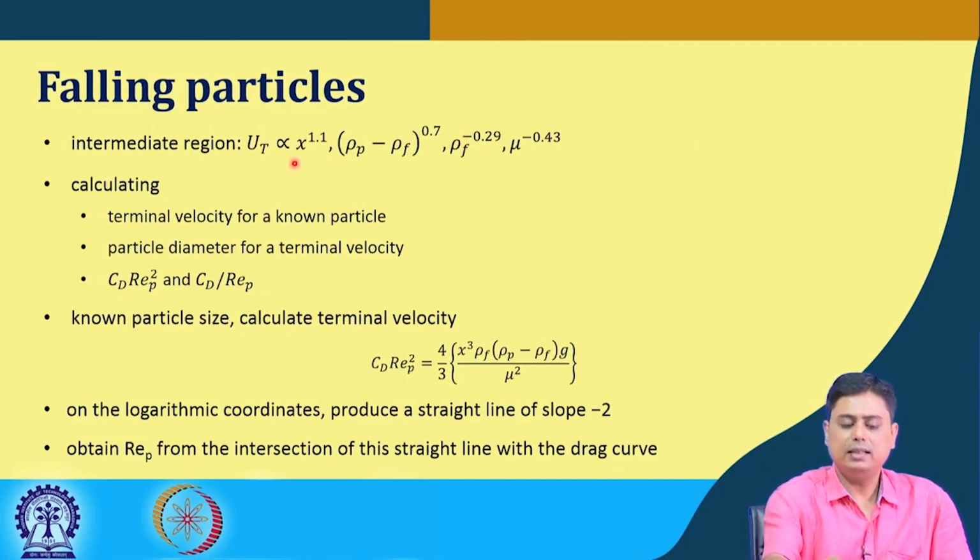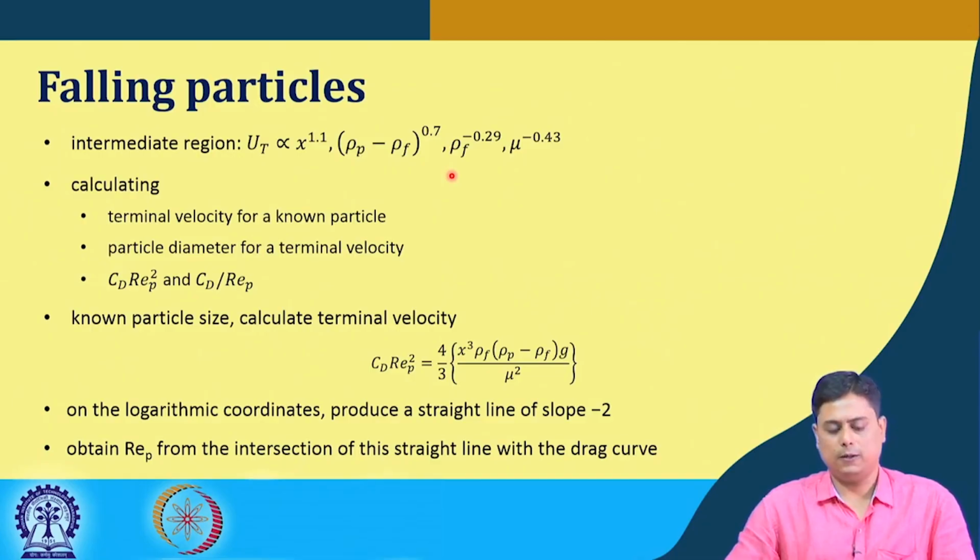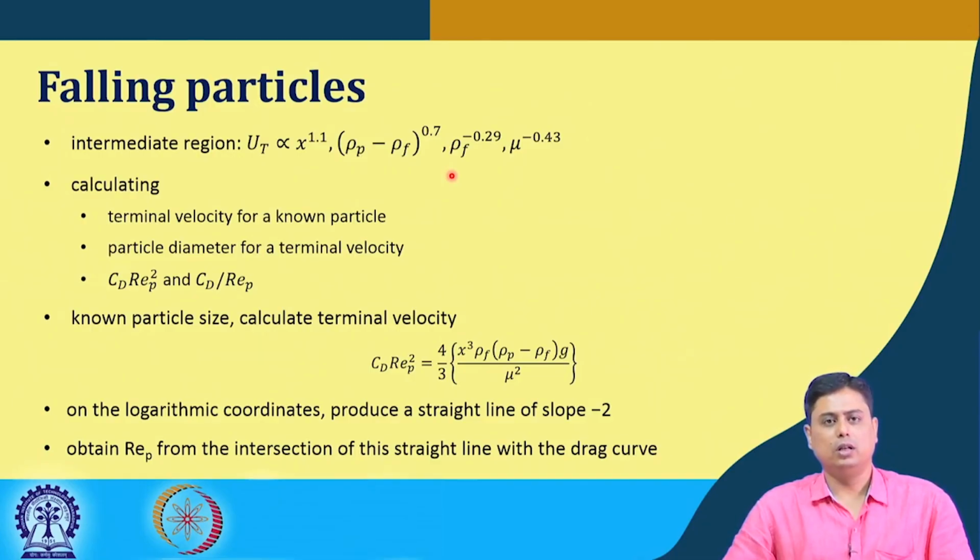So basically these are the parameters that influence, and to this magnitude, the terminal velocity when a particle is falling under gravity in a pool of fluid without any boundary influence.